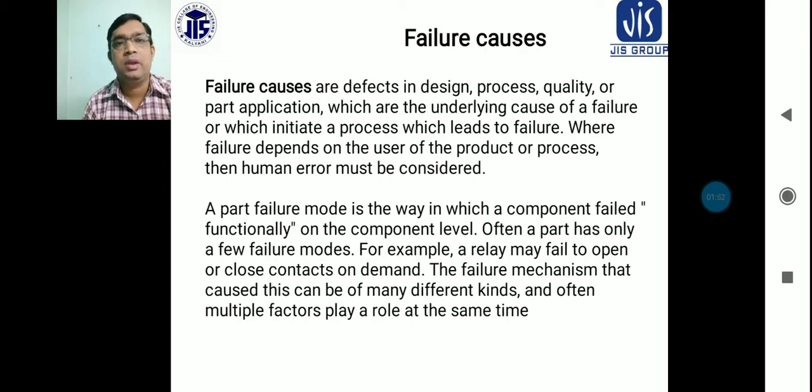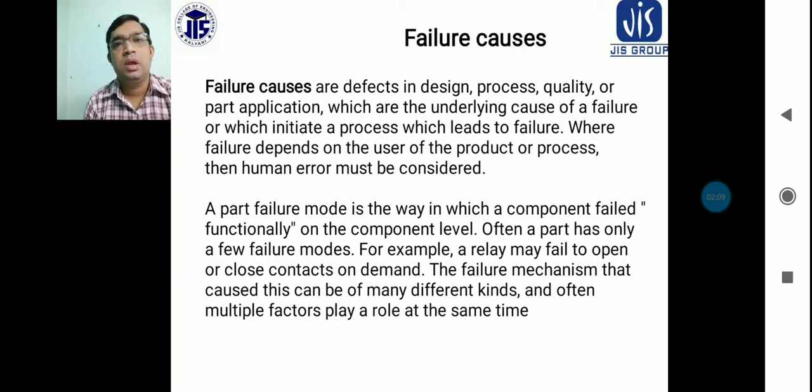This depends on the user of the product. Which type of product is used by some customers, and human error must be considered as a failure cause.